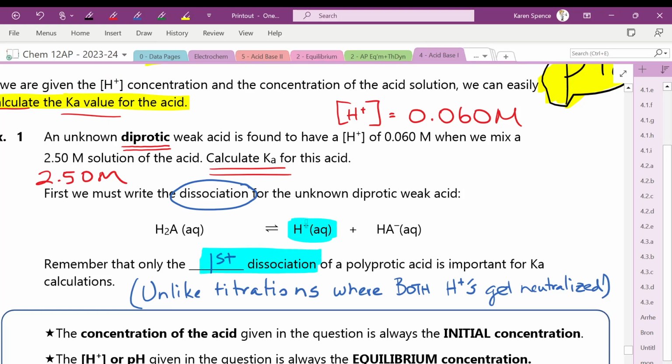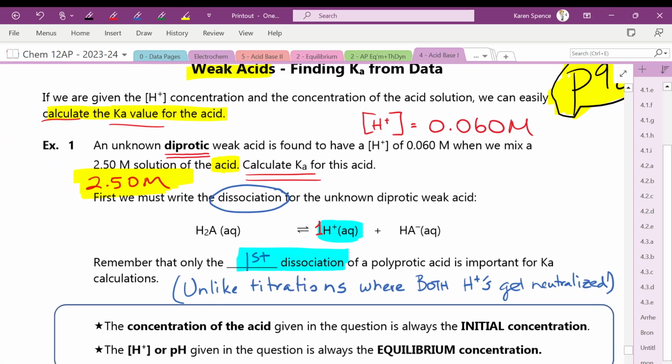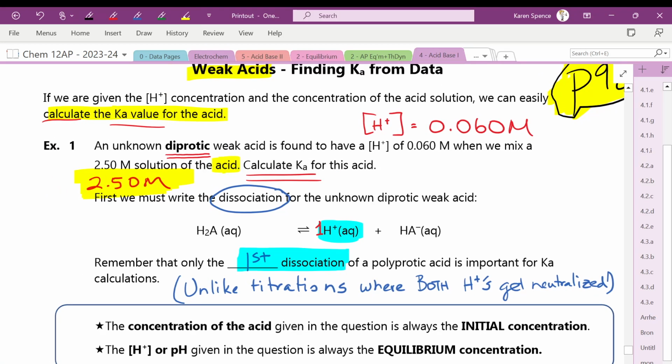So we just have one H plus coming off, and the other H stays attached to the A. Now we have 2.50 molar of the acid. What row is that 2.50 molar going to go into? That's going to be our initial concentration of the acid.